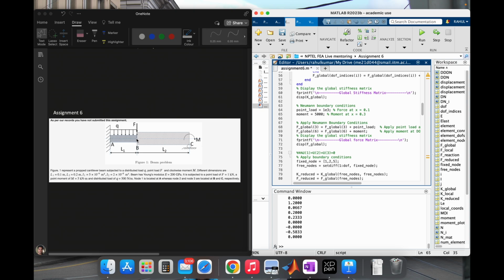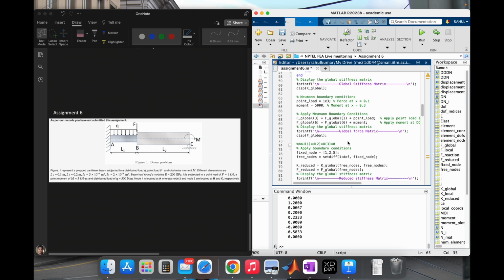Coordinate number 3 is the force, so that's why I have added the point load here, but there is no moment applied here, so I am not using F global 4. Similarly for coordinate 6. Coordinate 5 is unknown, but for coordinate 6 the boundary condition is a moment, 5000, so that's why I have added it here.